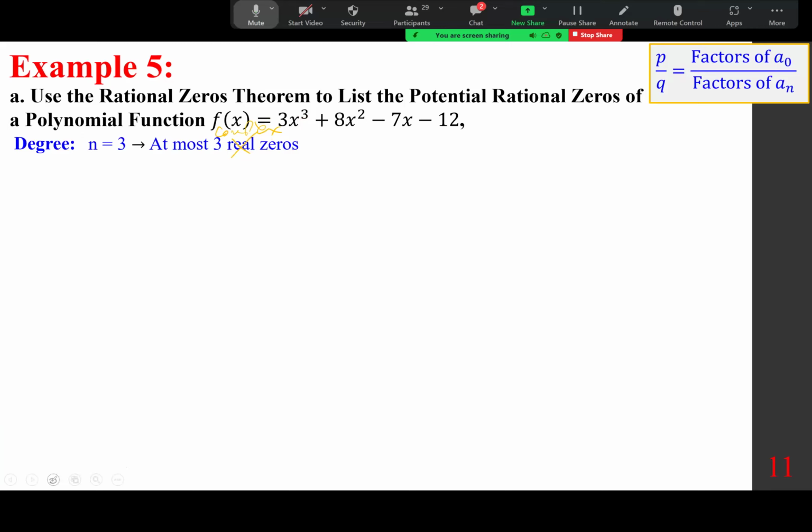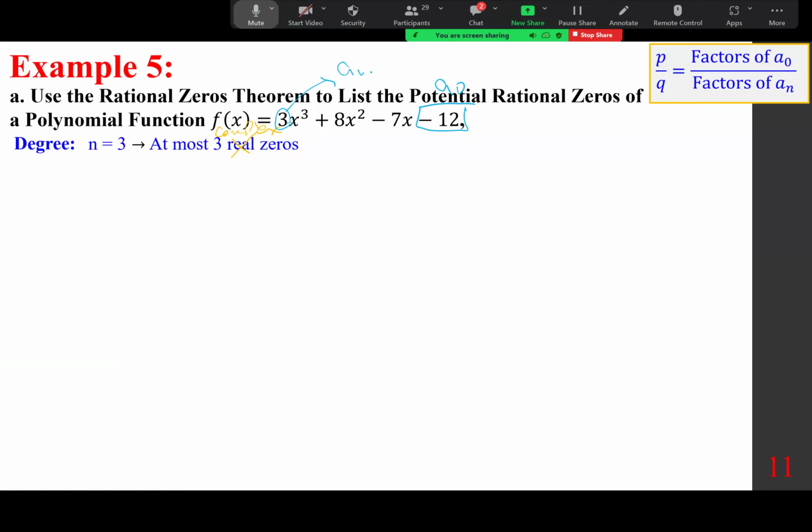Now, according to the rational zero theorem, p is factors of a sub 0. This is the constant a sub 0.